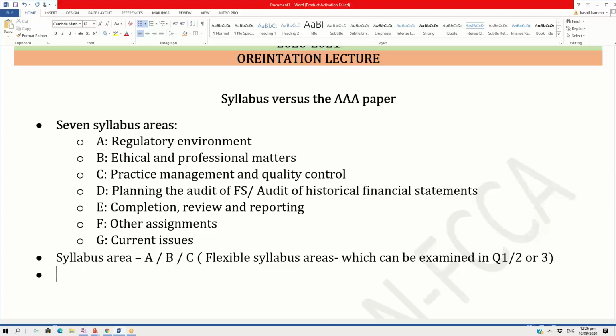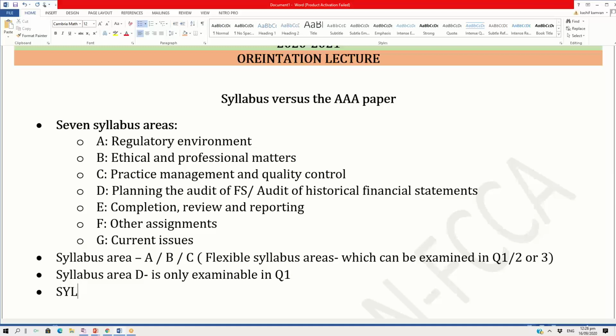But now when we look at the syllabus area D, we are very confined. Syllabus area D is only examinable in question 1.